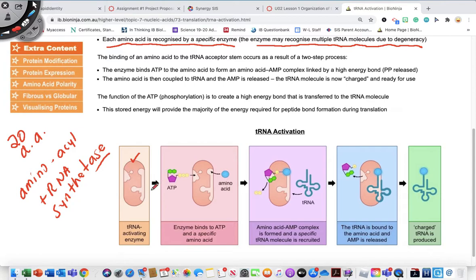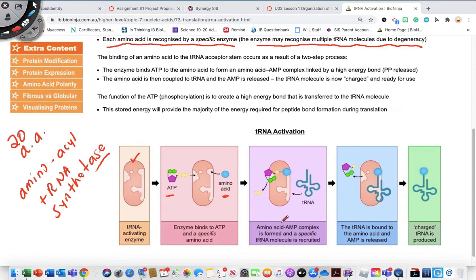So what happens afterwards? So here we have the tRNA activating enzyme. The enzyme binds to ATP. Here's ATP, adenosine triphosphate. And it also binds to a specific amino acid. So remember, it's got to be specific because of the mRNA tRNA complementary codon to anticodon pair. So it's going to bring a specific amino acid.